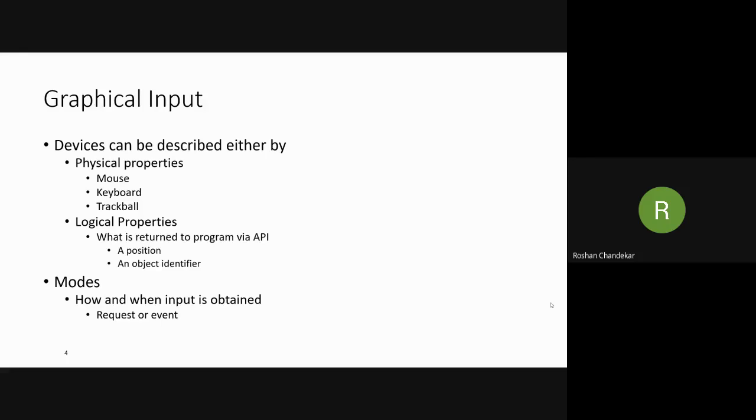In the logical properties, we have a position and an object identifier. We find the position of an object, where the object is displayed on the screen, and its location. Now we have modes for how and when input is obtained, that is, request or event for a particular device.